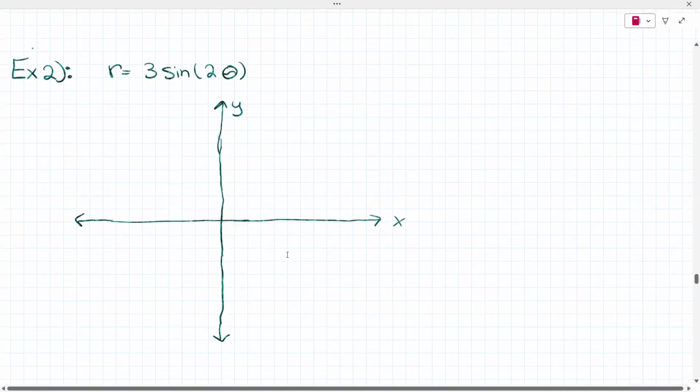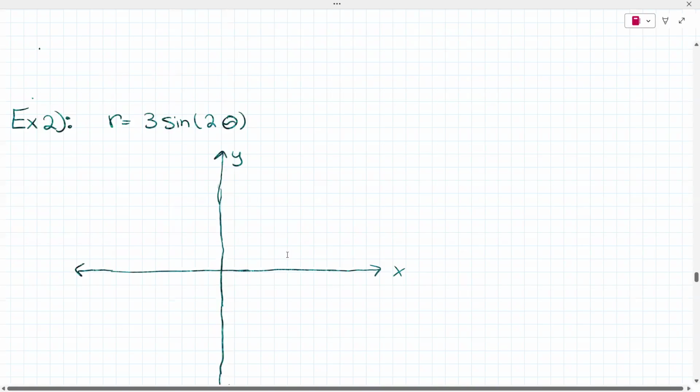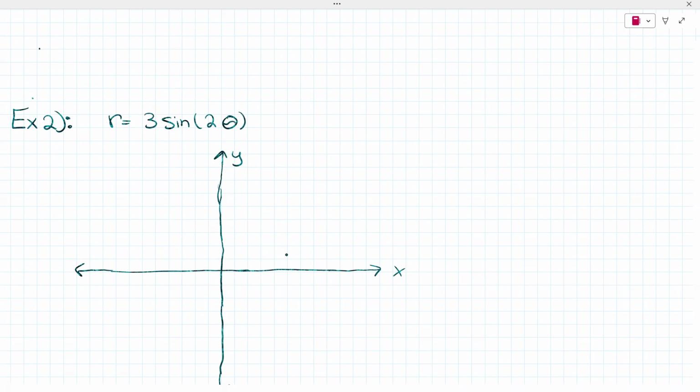Okay, let's move on to example 2. So r equals 3 times sine of 2 theta. So what do we know? 3 is the length. And then 2 is an even number, so even is 2n petals, or you're going to have a total of 4 petals.